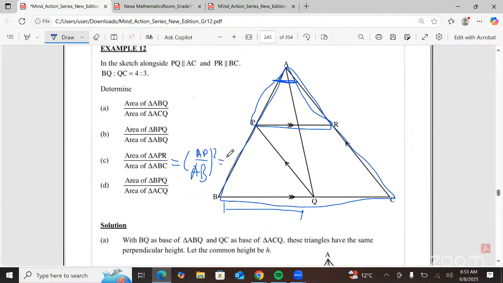Okay, now we have 4 here, we have 3 there. Then AP is 4, and AB is 7. So 4 over 7, all squared, gives us 16 over 49. Then you are done with the area of APR over ABC.